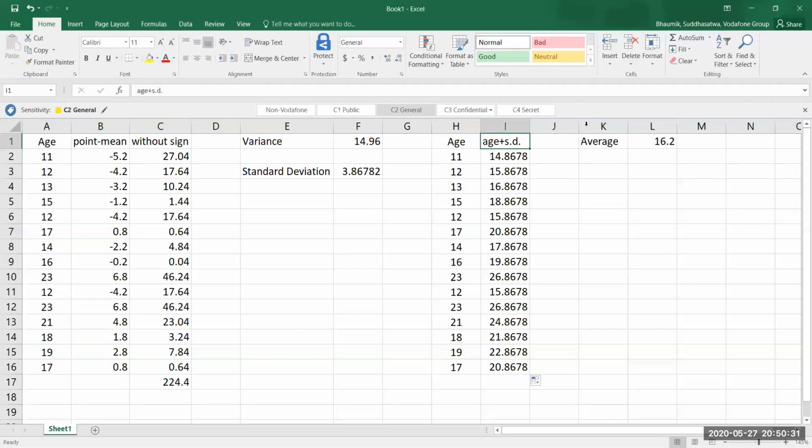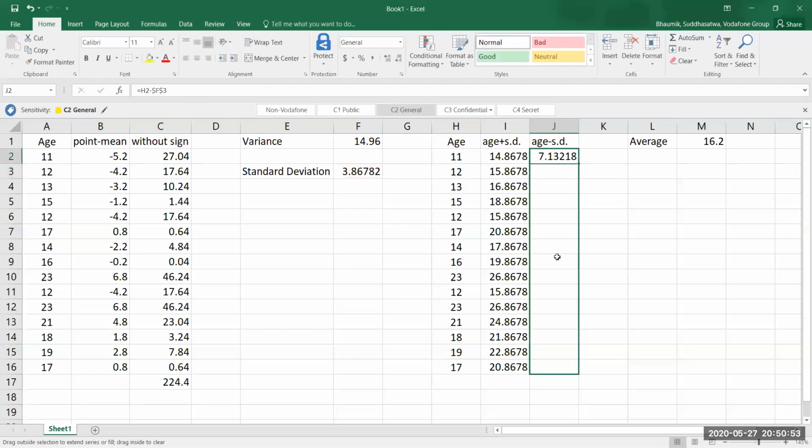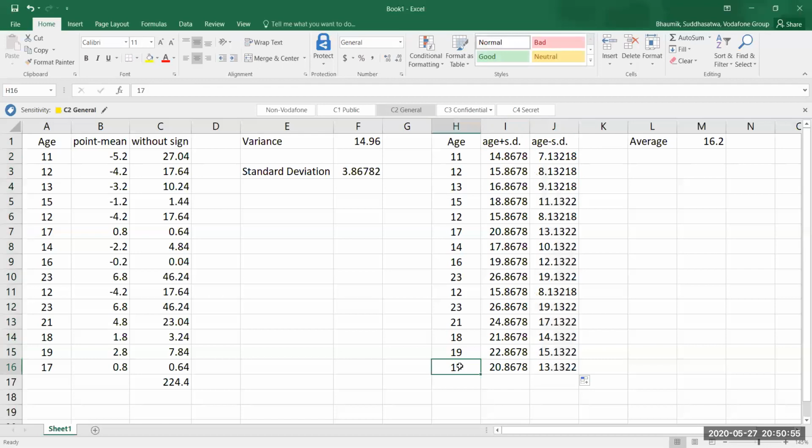I can do another thing, which is age minus SD. Here it is 11 minus the standard deviation, and I'm also going to use a dollar sign. So a plus minus of standard deviation is where that value is going to fall.